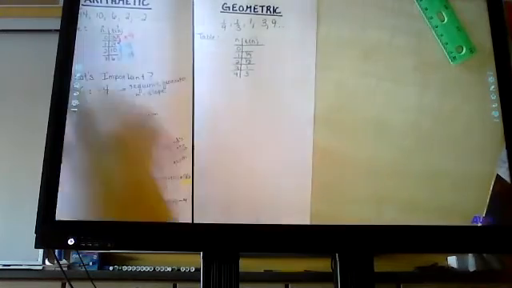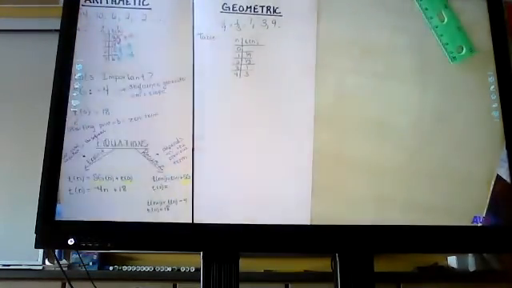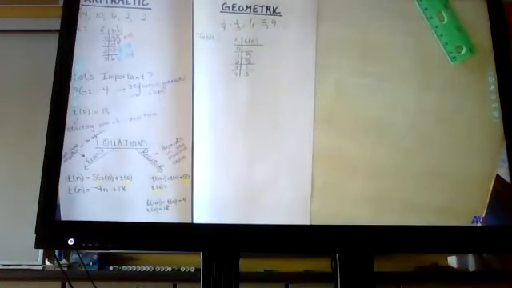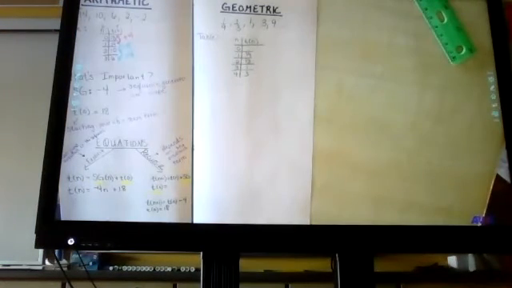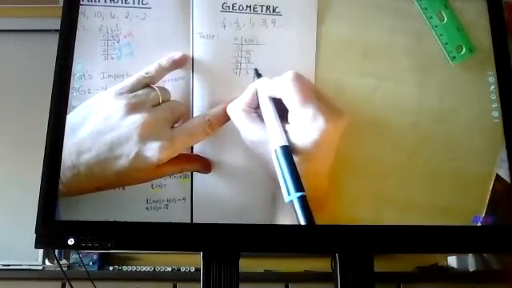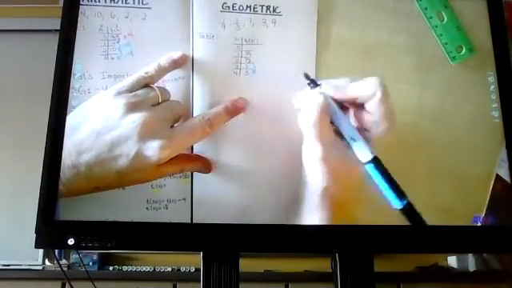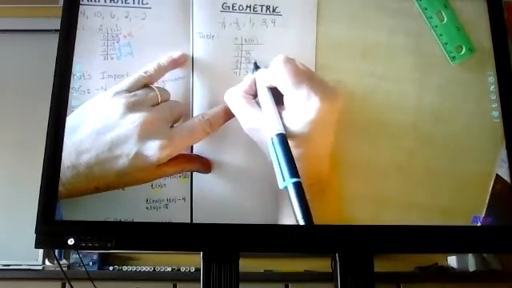Now this is weird because we have fractions, but remember it's okay that we have fractions. Let's just think about what we're multiplying by, because I told you it's geometric. I always start with the one I know. If I'm at 1, I have to multiply by 3 to get 3. So let's check that.